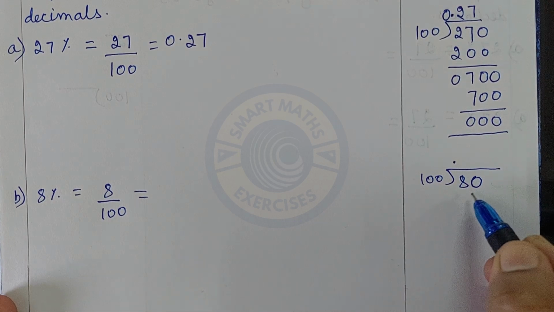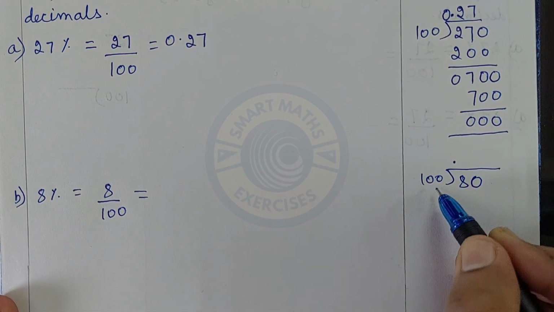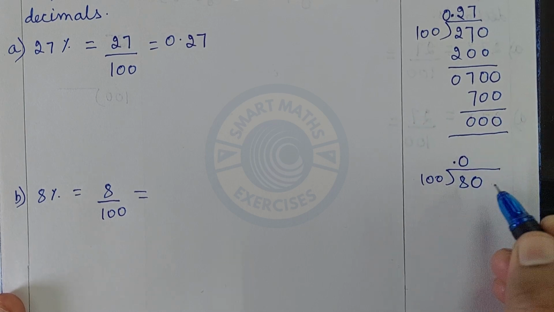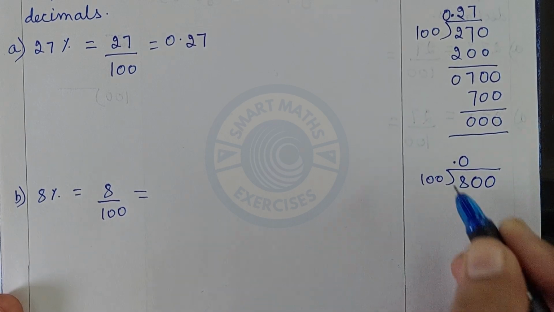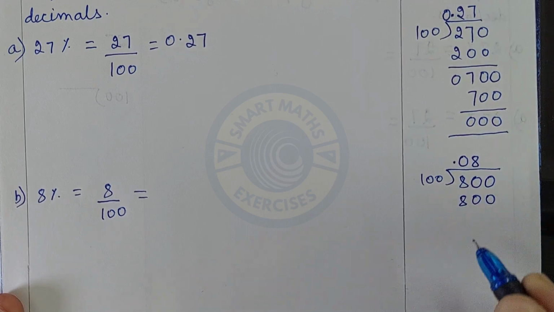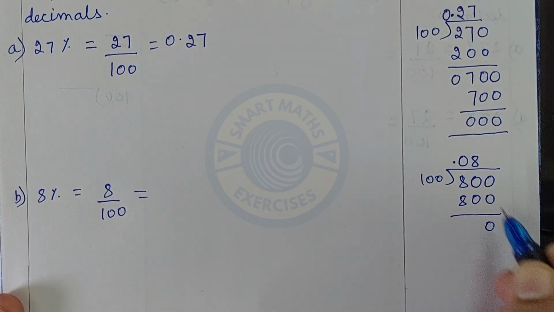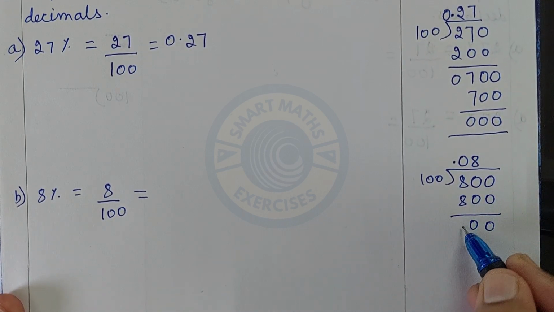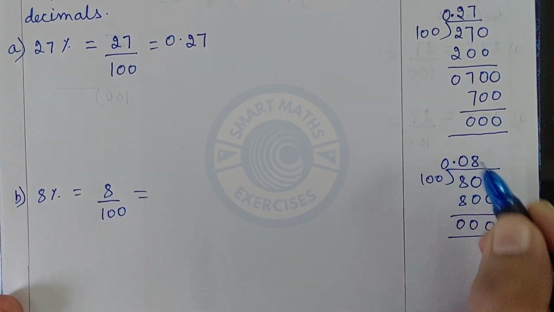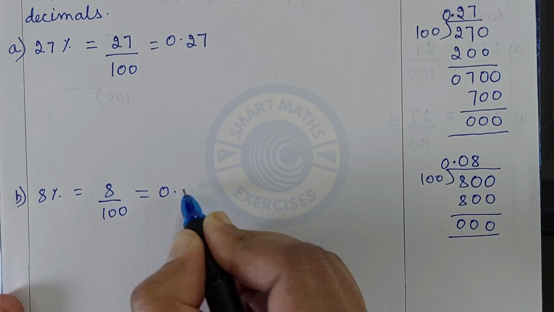But still 80 is less than 100. So what you can do is you can add one 0 and add one more 0 here. So 100 8s are 800. 0 minus 0 is 0, and 8 minus 8 is 0. So answer is 0.08.